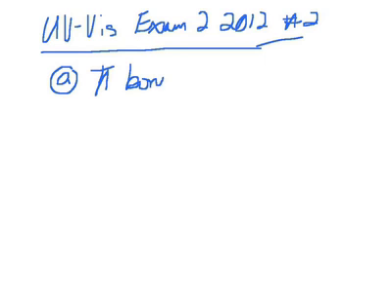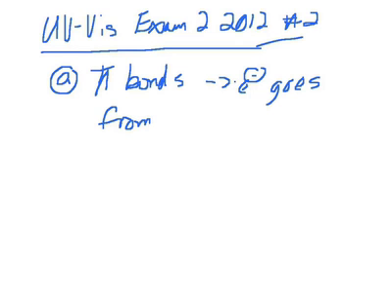What happens in a UV-Vis experiment? UV light hits the molecule, and what goes from where to where? The electron goes from a pi bonding orbital to an antibonding pi star.